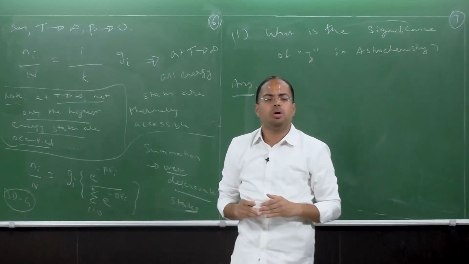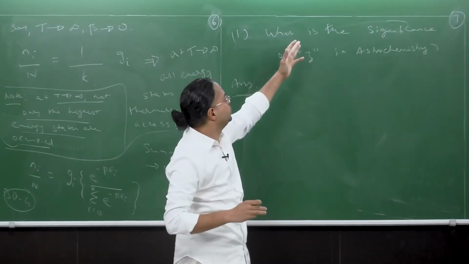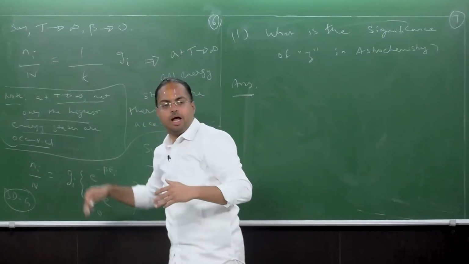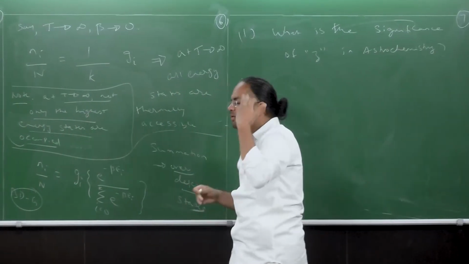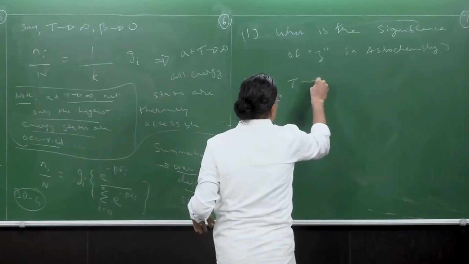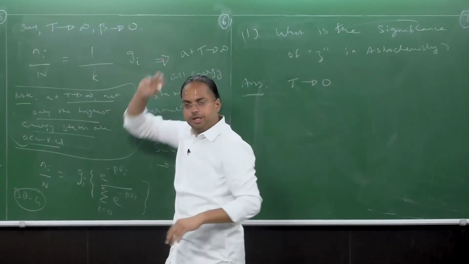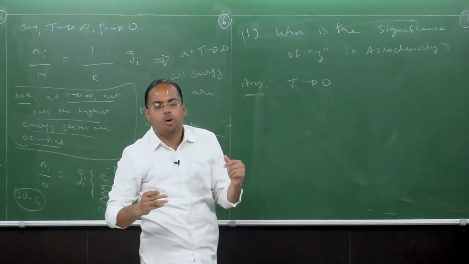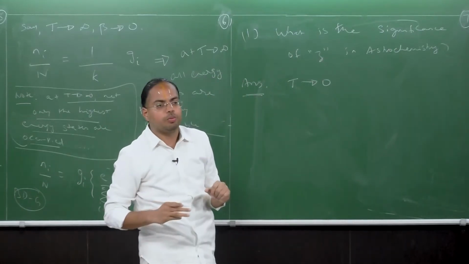Okay, now again, to answer this question, let's continue with the same ideas we used in the last question. Start with T tends to infinity, sorry, T tends to 0. That is my beta tends to infinity. As T tends to 0, we understand that only the lowest energy states are going to be occupied.